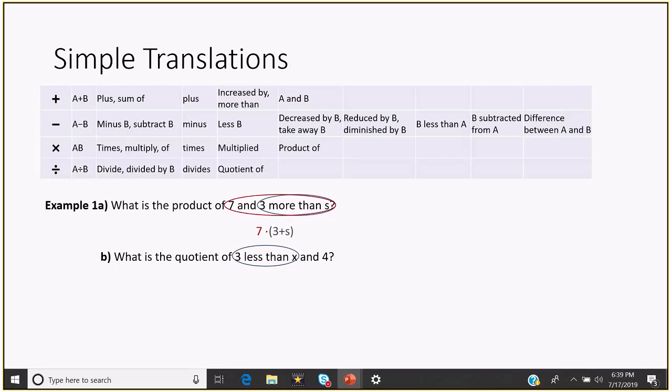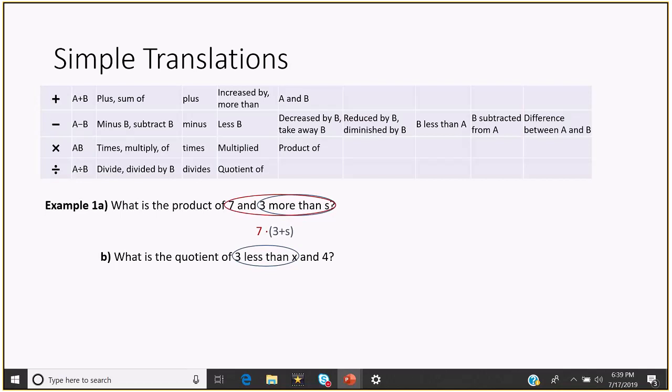So that actually means that this first term is going to be x minus 3, which seems very backwards. If you stop and think about it for a little bit, it does start to make a little sense, but don't dive into the concept, because with pretty much every other operation I'm just going to go left to right.